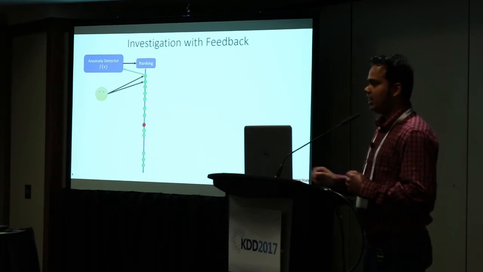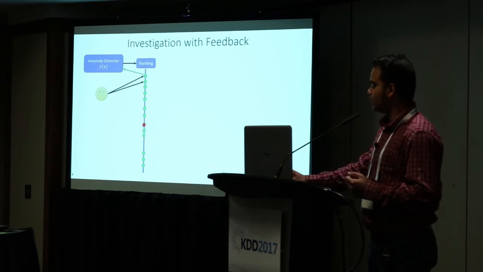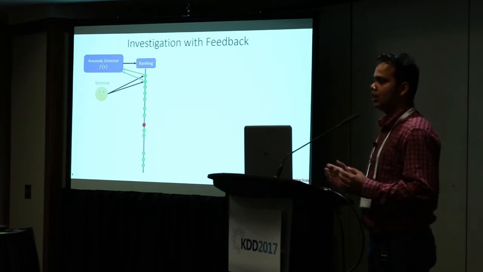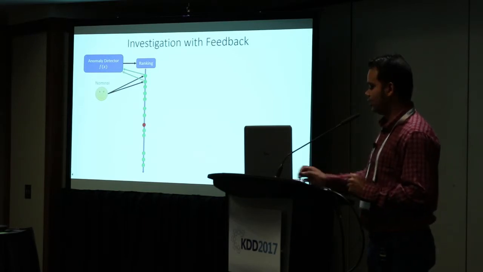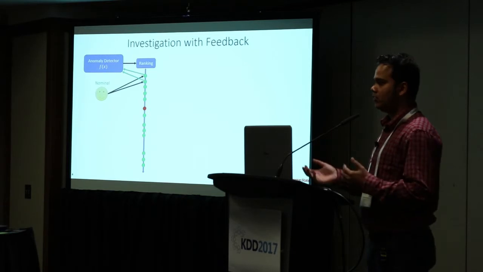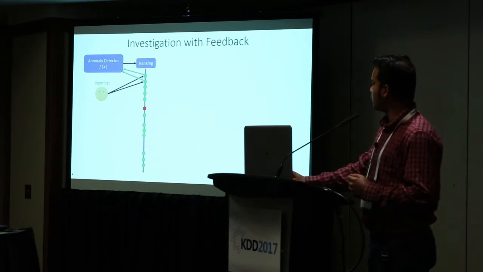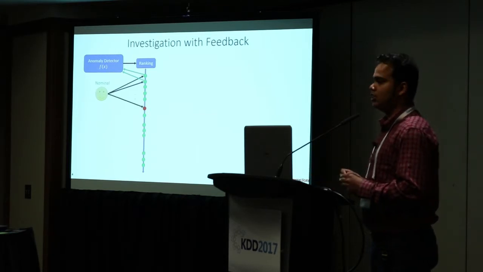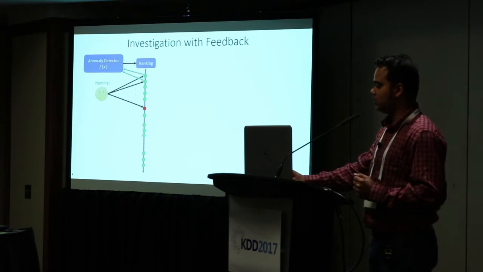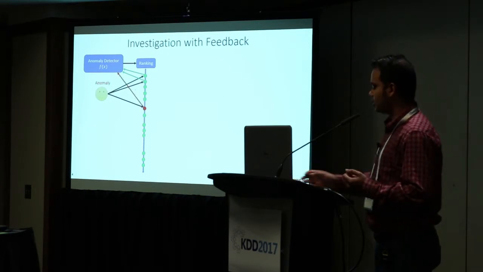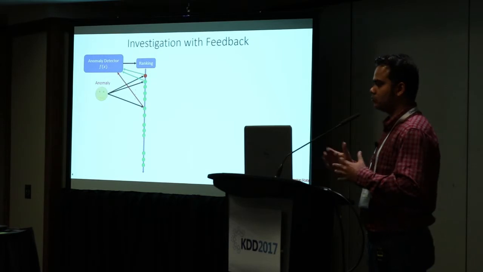Then he goes to the next instance and again provides feedback. This time it's also a normal point, and the anomaly will rise. The analyst continues this way, and eventually reaches the anomaly point and gives this feedback to the anomaly detector, and we get this point ranked higher.